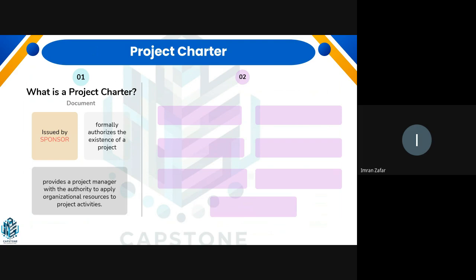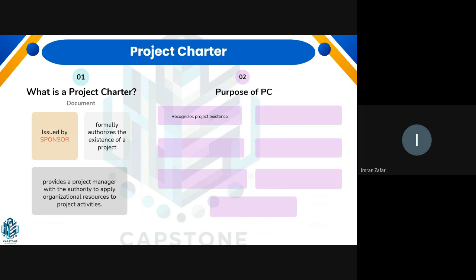So basically, it gives you the authority as a project manager to utilize the organizational resources to carry out your project activities and deliver the project as per the business case, as per the benefits management plan, and aligned with your project vision statement.